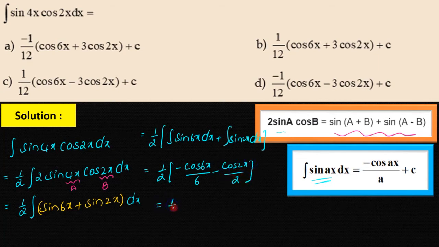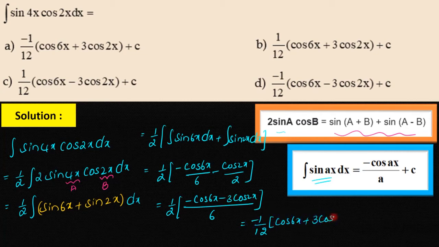This equals 1 by 2 into, here LCM is 6, minus cos 6x minus, here 2 into 3, 6, here 3 into cos 2x. This equals 1 by 2 into 6, 12, taking minus as common, cos 6x plus 3 into cos 2x plus c. Therefore, the answer is option A.